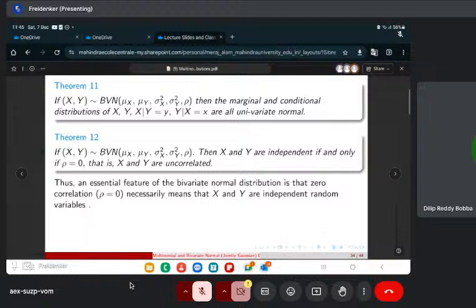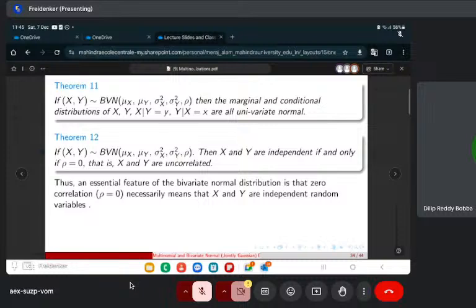If I show that the joint probability distribution of x and y is equal to the product of the marginals of x and y, then you can say x and y are independent, right? Given that rho is 0. You can prove that, but they won't ask you proof questions. So you just have to remember this theorem.